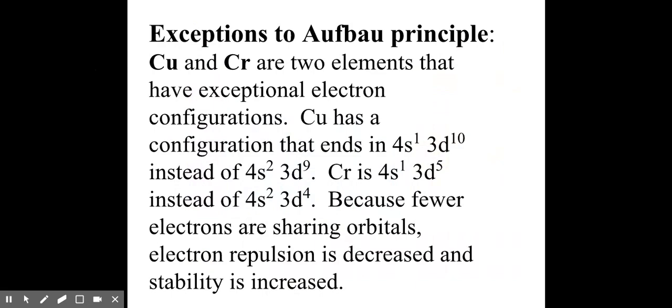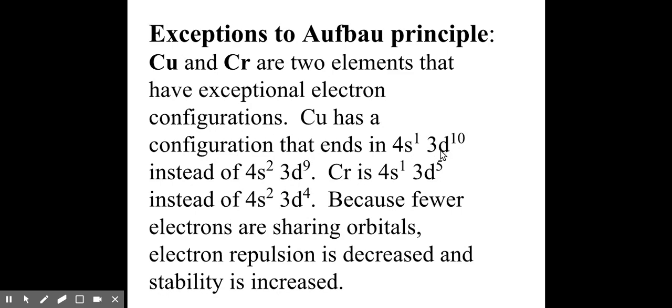Now, of course, there are 2 exceptions to the Aufbau principle. There are copper and chromium, two elements that have exceptional electron configurations. And I'll explain why in a second. But copper has a configuration that ends in 4s1, 3d10, instead of 4s2, 3d9. What happened is that 1 electron from the s orbital jumped up to the d orbital.